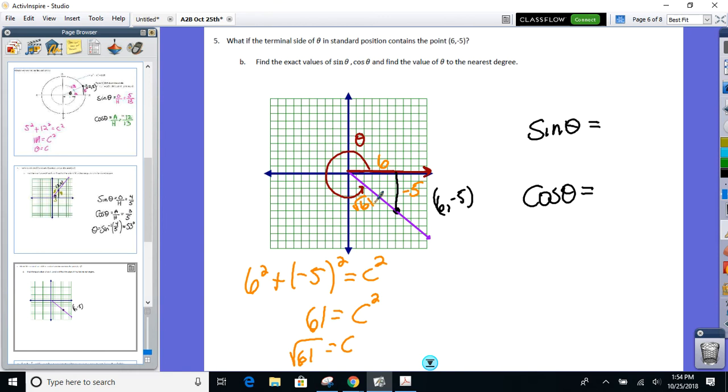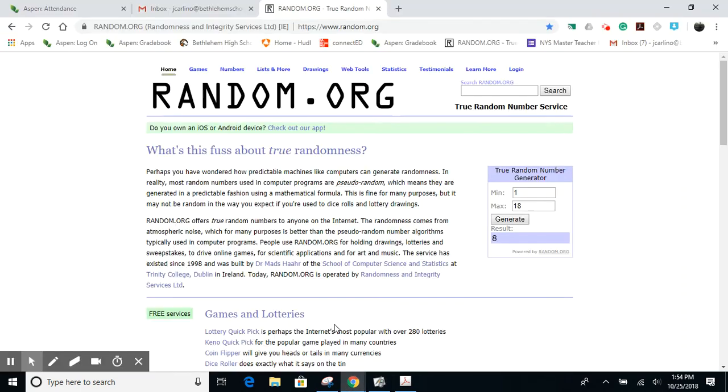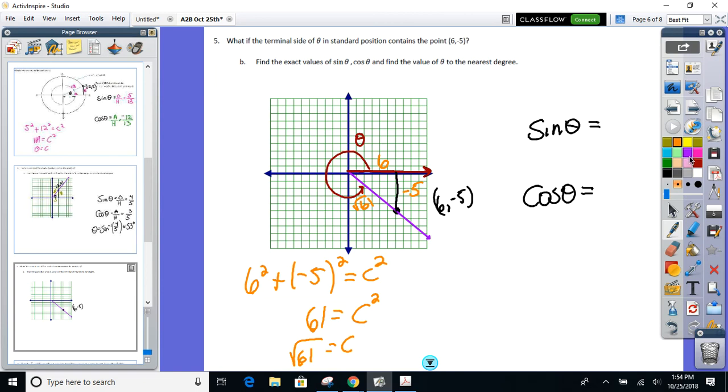Ready for sine? Back to you guys. Opposite over hypotenuse. Remember, it's the reference angle.